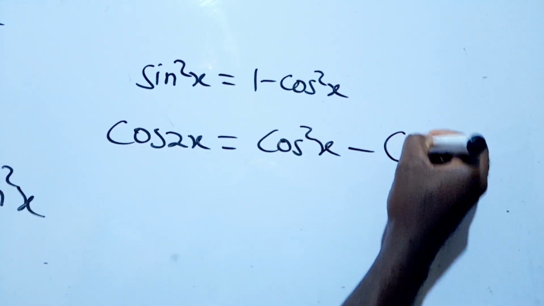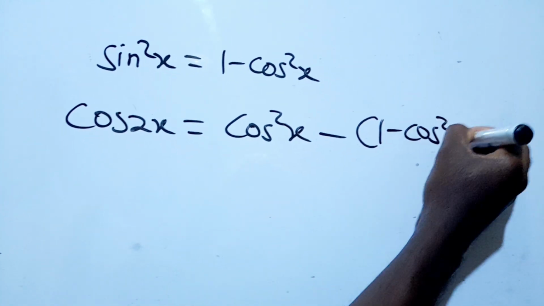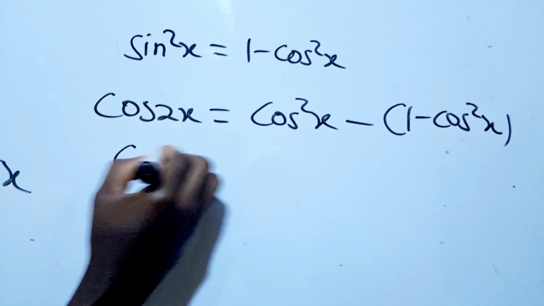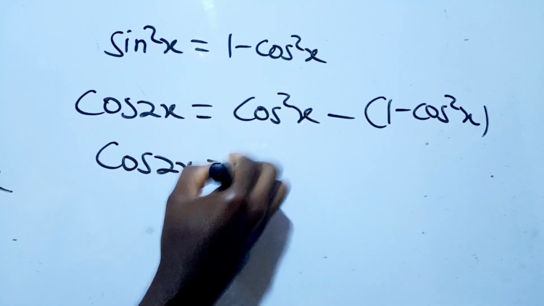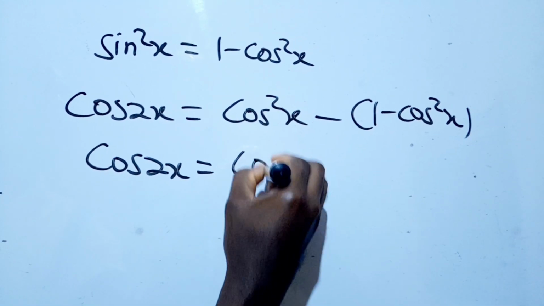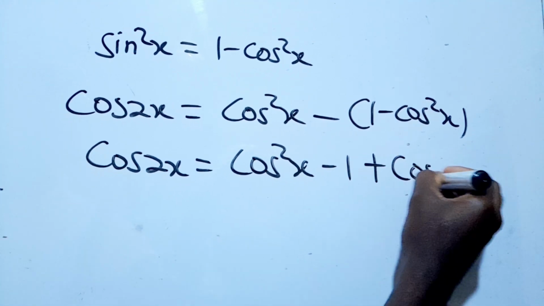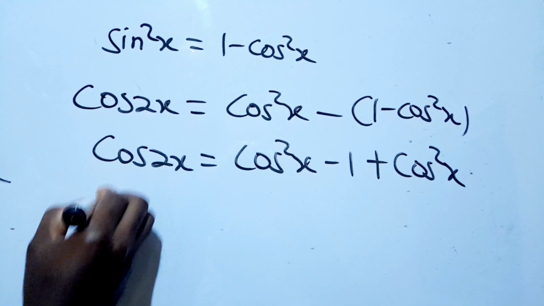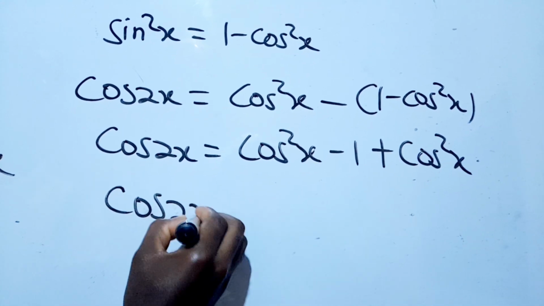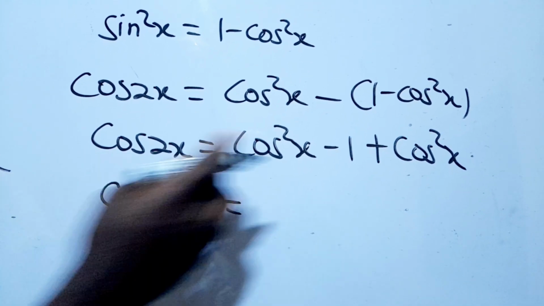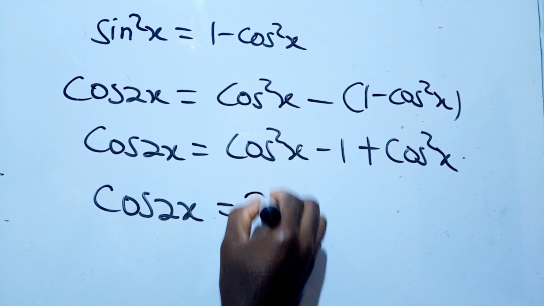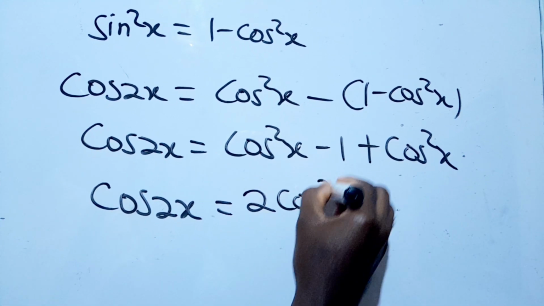So we say 1 minus cos square x. So our cos 2x will be equal to cos square x minus 1 plus cos square x.